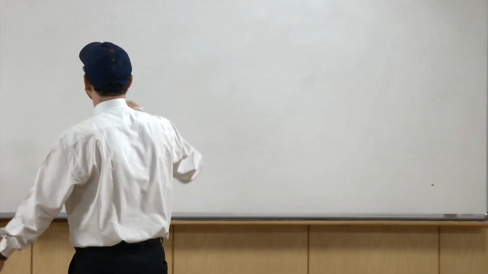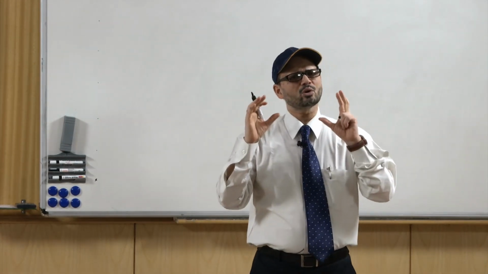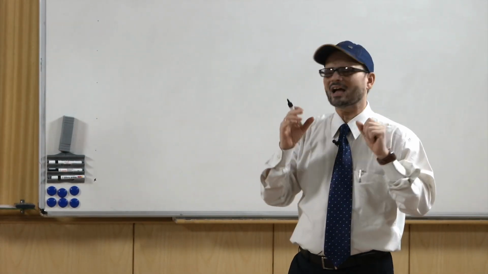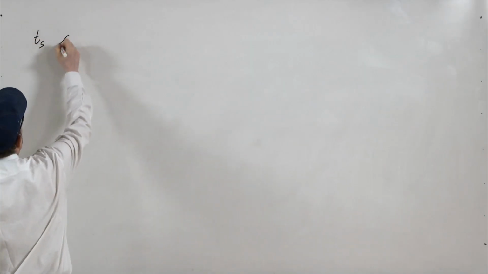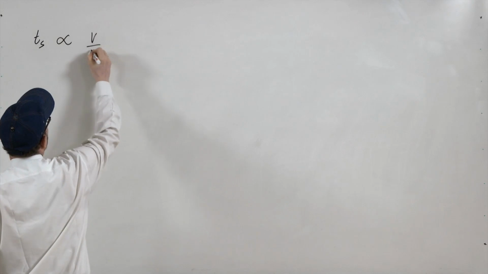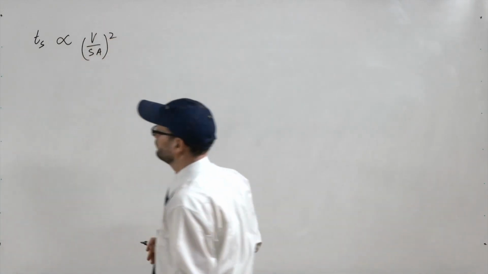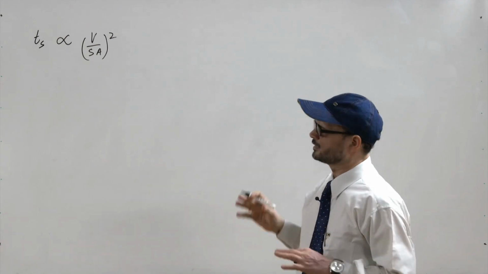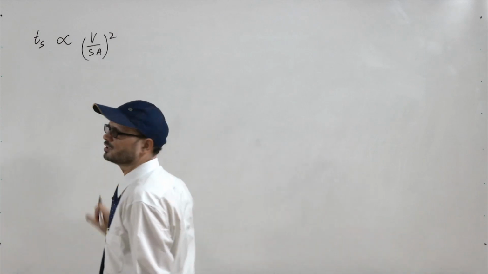What we have so far studied is that the total solidification time for a casting is proportional to V by surface area square. So, we have to calculate the ratio of their volume upon surface area.